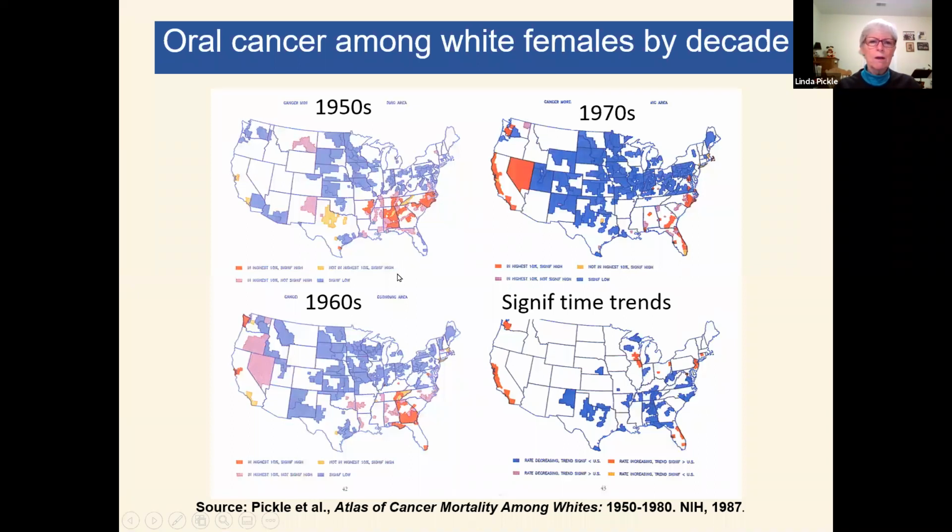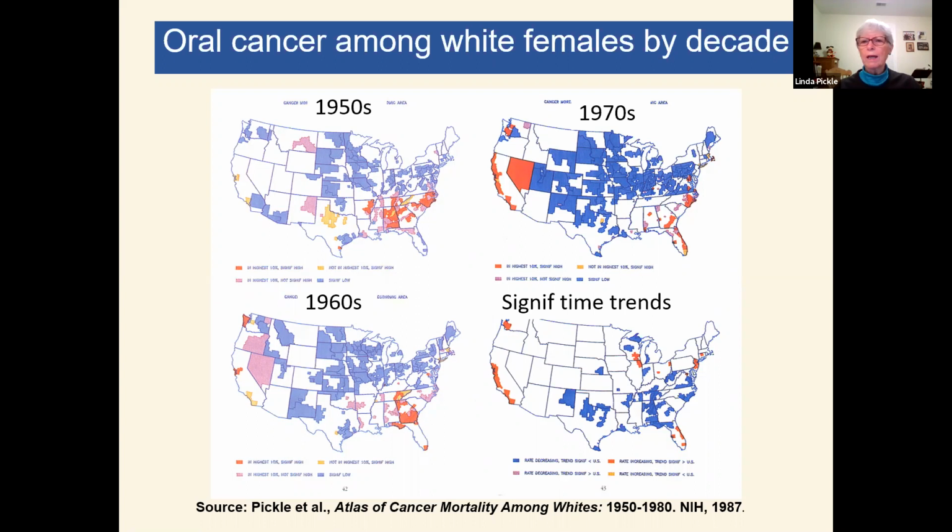But when you look by decade, by the 60s, that cluster was breaking up. And by the 70s, it was gone. By the 70s, the rates were high along the South Atlantic coast and the California coast. And by comparing the 70s map to other maps in the atlas, we saw that this one looks very much like the white female lung cancer map.